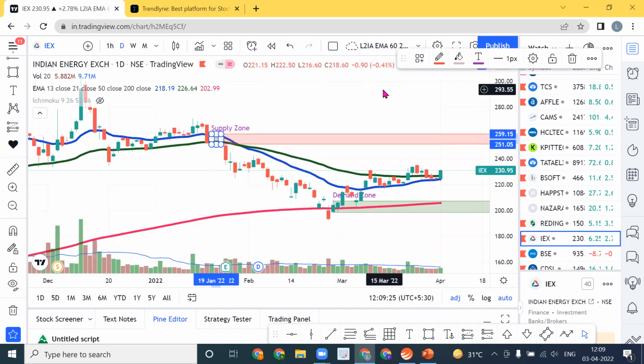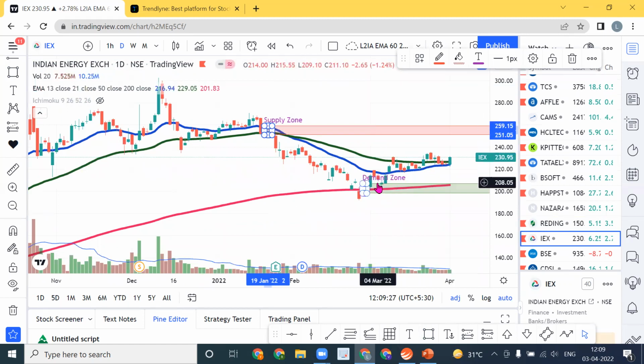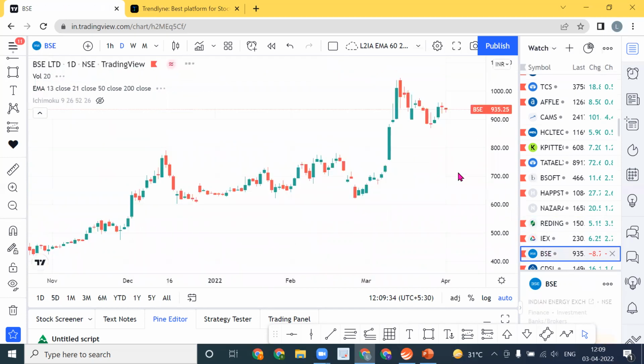Okay, you can see that the stock has taken, once it has hit here, second time, now it is moving up. This is a good stock to accumulate.